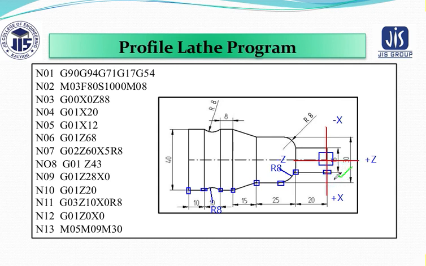Then the tool moves in this particular direction, making an arc with radius 8. Then it moves a certain distance, this 25 minus 8 portion. Then it makes a taper of this 15. Then it again goes a distance of 8. Again they create an arc, in the anti-clockwise direction, so this will be your G03. Again it moves on a straight path.